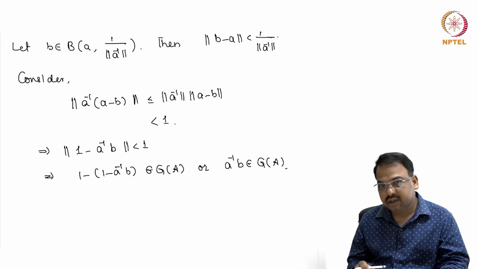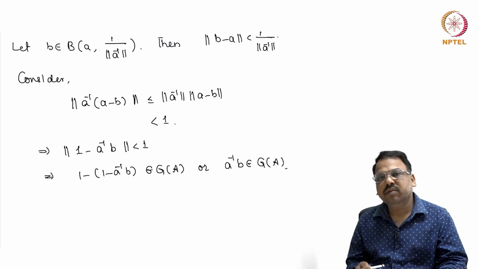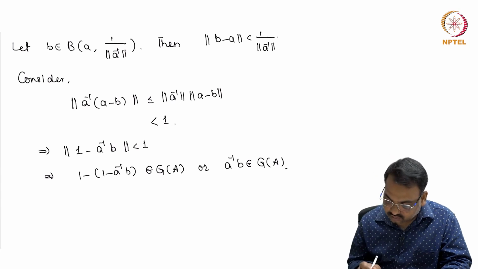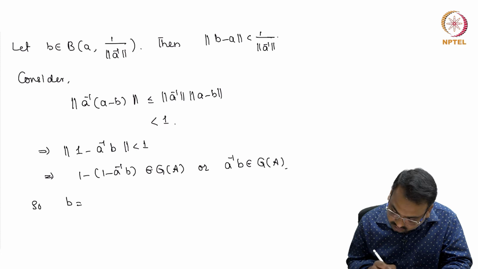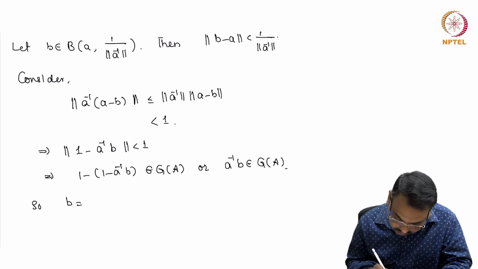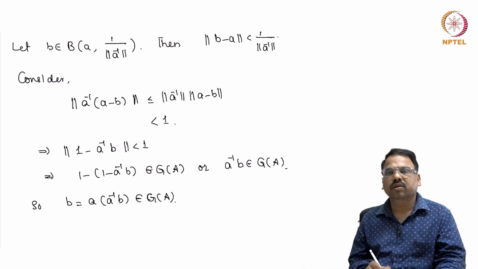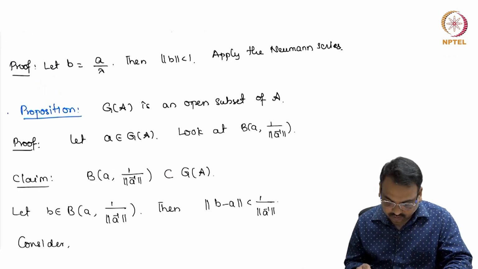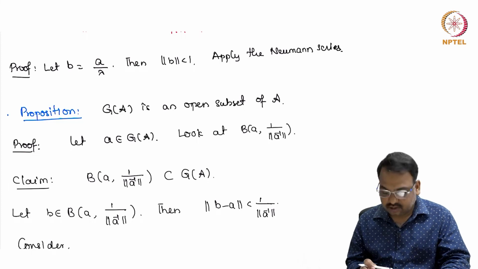Now we also have concluded that A inverse B is in GA, but we know that GA is a multiplicative group. So using that, B can be written as A into A inverse B, which is in GA. This completes the proof that every point of this ball is an invertible element.